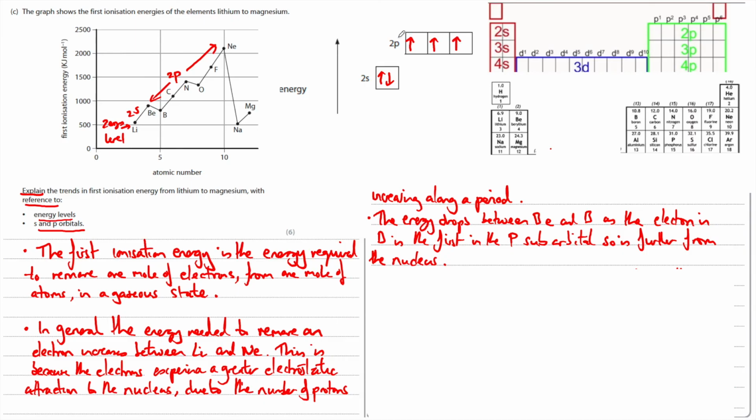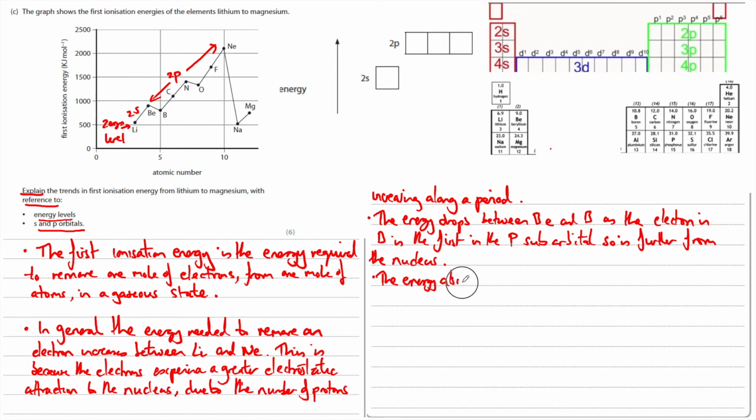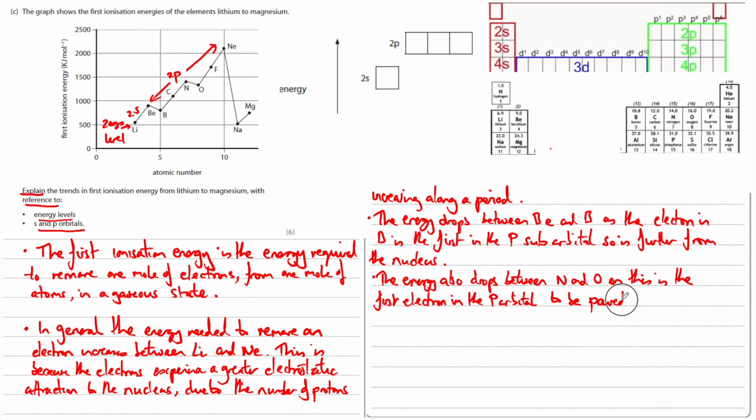But when you come back to oxygen, you get the first pairing in the p suborbital where you've got the opposite spin. And so there is slightly less attraction now to the nucleus, and therefore that energy drops again. The energy drops between nitrogen and oxygen as this is the first electron in the p orbital to be paired up.